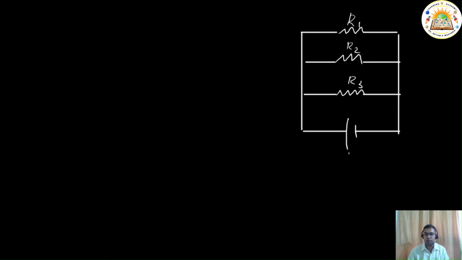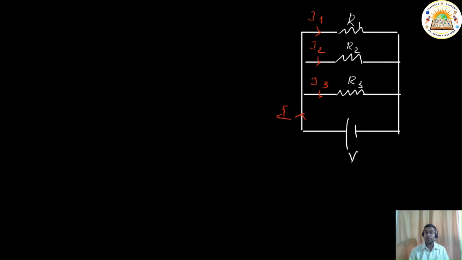This is my potential. Now if you see, the current that is there gets split. I gets broken into three, that is I1, I2, I3. Now the potential here would remain the same because if I'm trying to measure across the ends, R1, R2, R3 are all stacked one above the other.